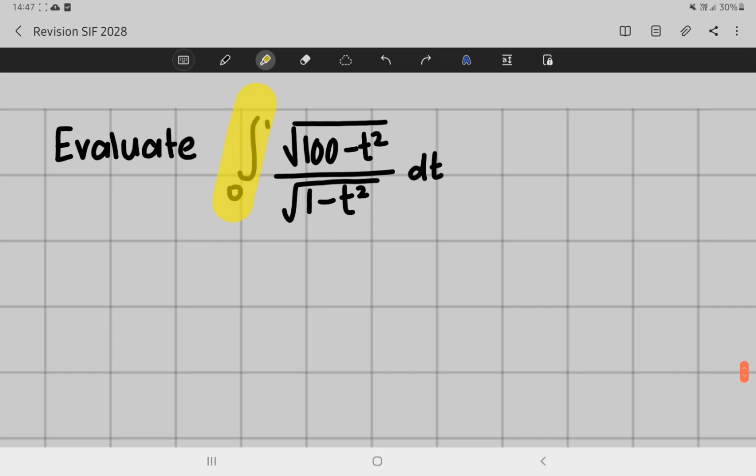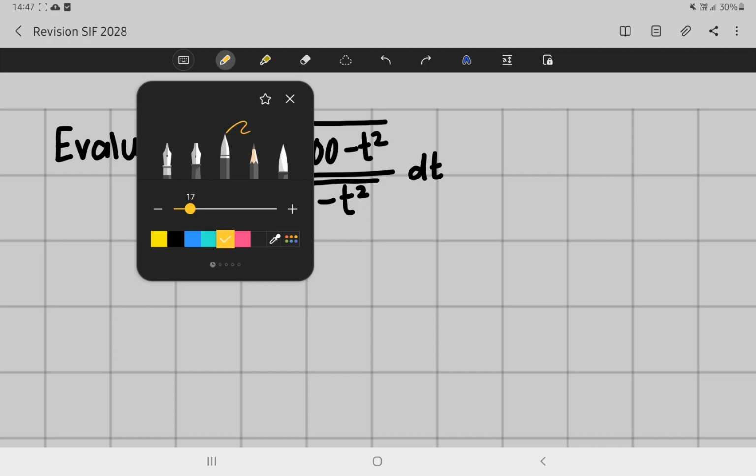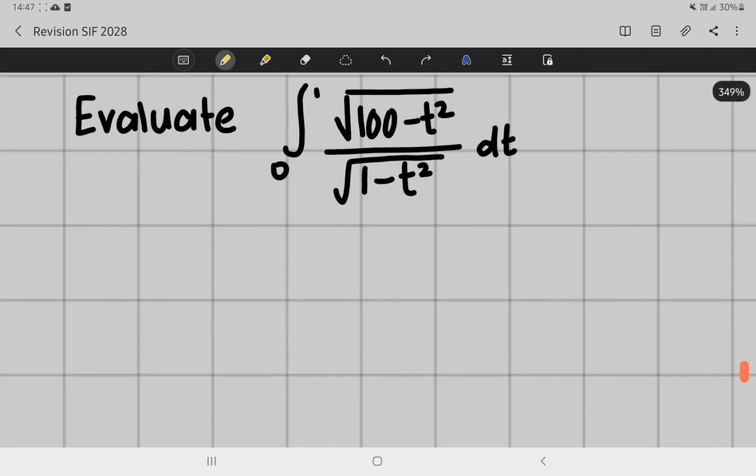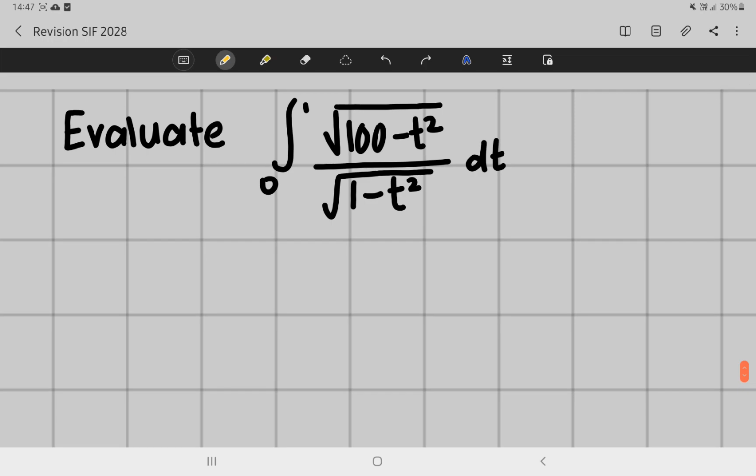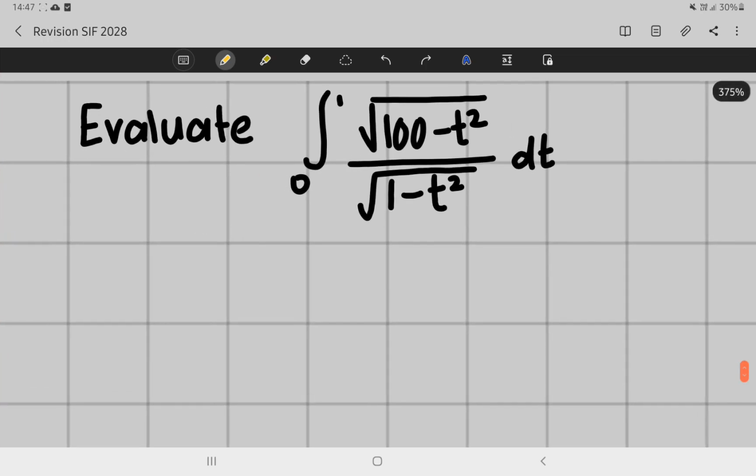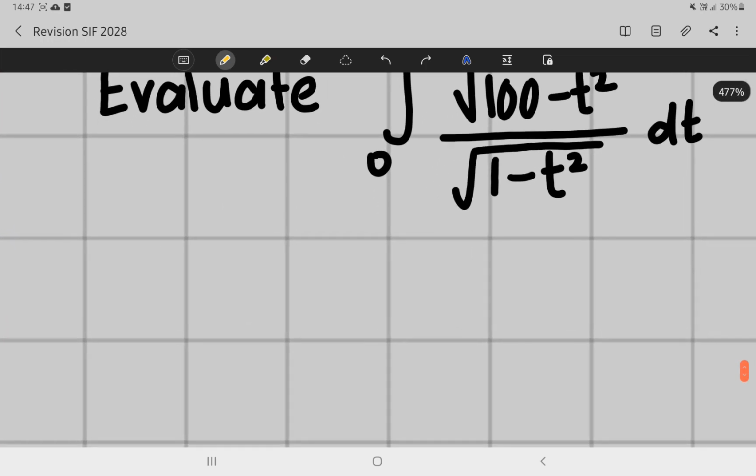But the limit here is not so suitable for the use of the elliptical integral, but we can use a substitution, which in return gives our desired limit of integration. So we now let t become sine of theta.